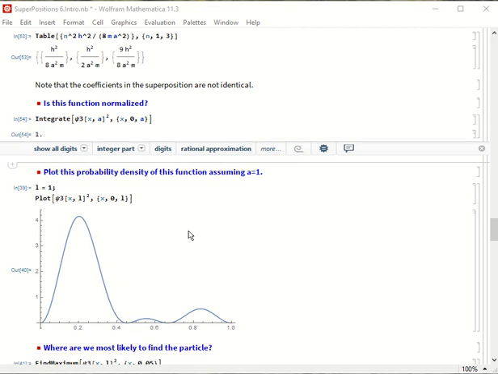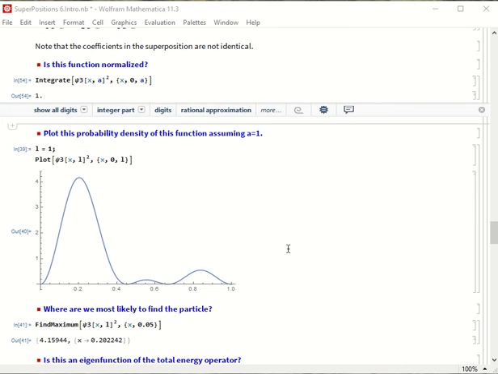And you may notice that unlike the regular particle in the box functions, which we discussed earlier, which are symmetrical within the box, this one is very definitely not symmetrical. There is a maximum probability of finding it somewhere in the first half of the box, which, as we learned earlier, we can determine by taking our probability density and using any of several functions available through Mathematica.